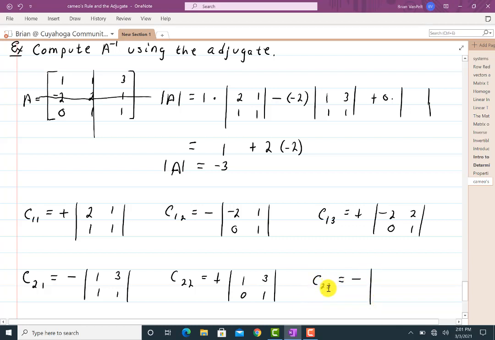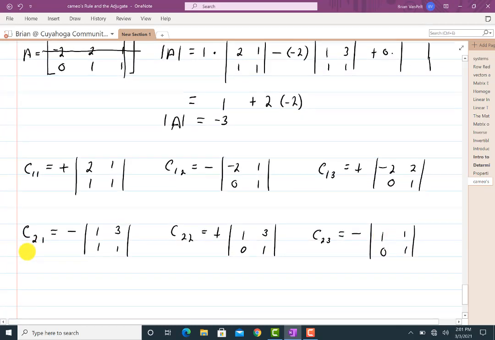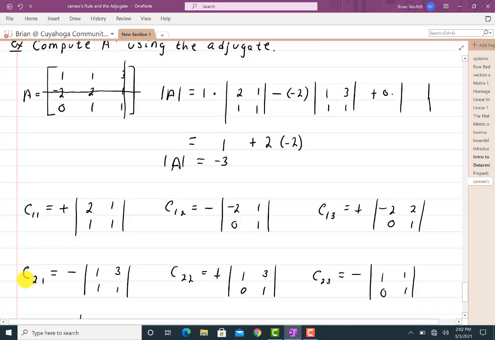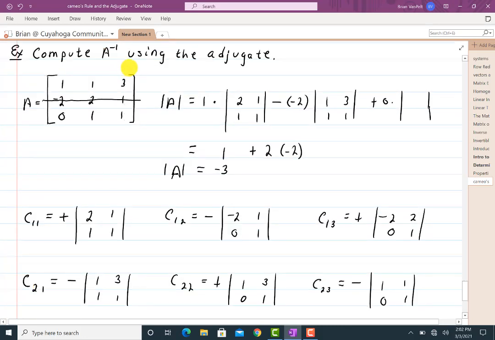Whenever the sum of these indices is odd, you'll get a negative number. 1, 1, 0, 1. C3,1 is positive.